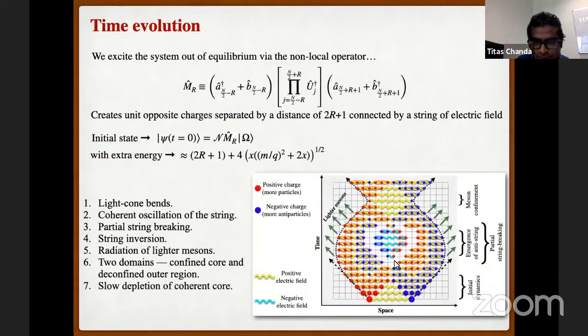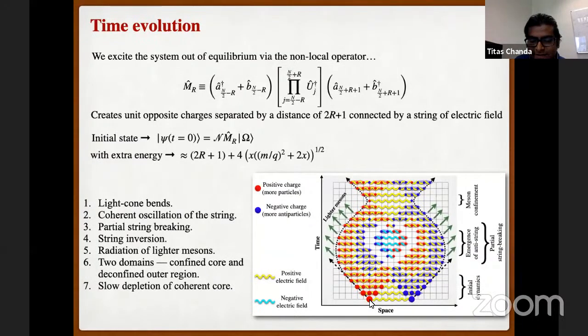This is a schematic representation of our time dynamics. At zero time, we have a particle, the red dot, and an antiparticle, the blue dot, separated by a distance, and connected by a string of electric field represented by this yellow wiggly line.